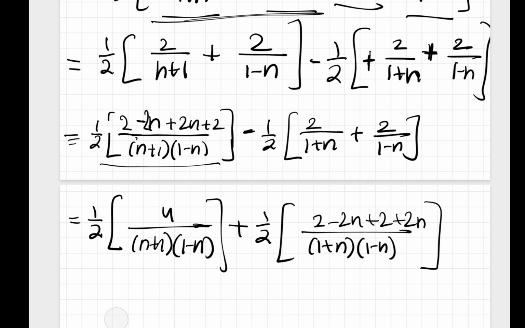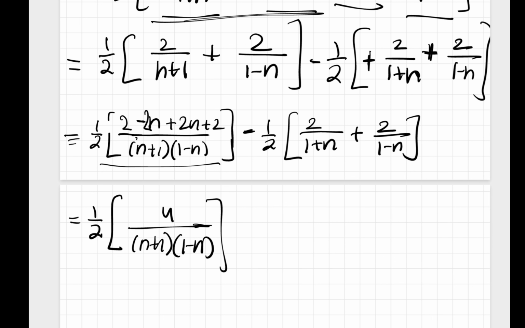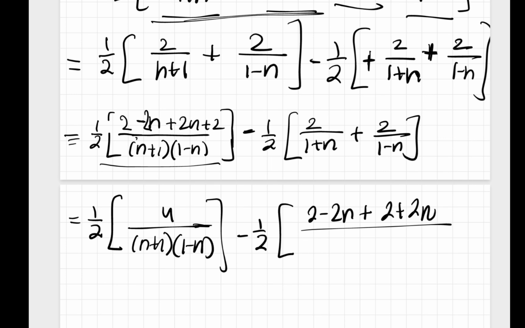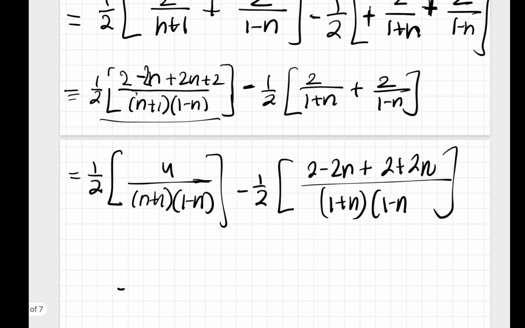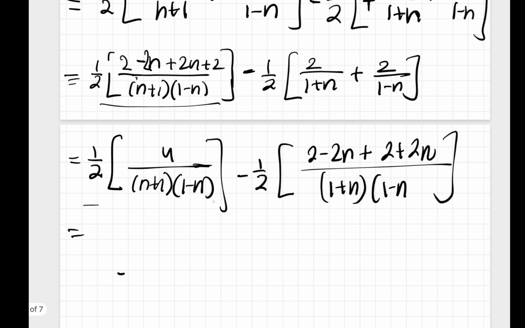Let's just erase all of this. And then let's quickly just simplify it. Simplifying this, we get 2 over n plus 1, 1 minus n.